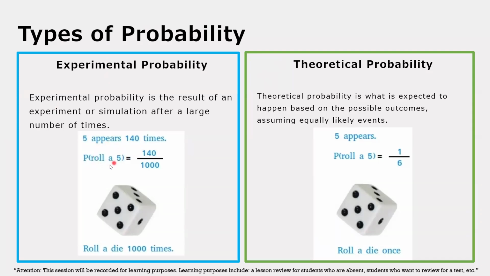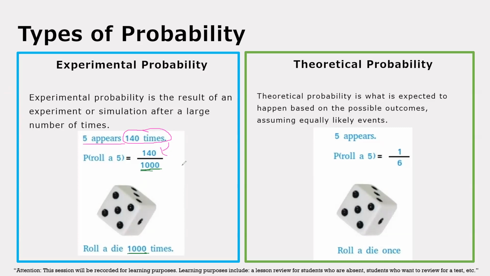So in this case here, if we rolled our die 1,000 times, that's the total. That's going to be in our denominator here because that's how many times we performed that experiment. Then our numerator is going to be how many times it landed on a 5. And we're being told here it landed on a 5 140 times.